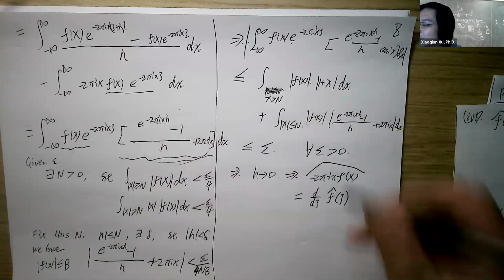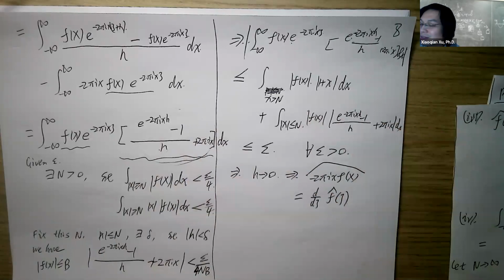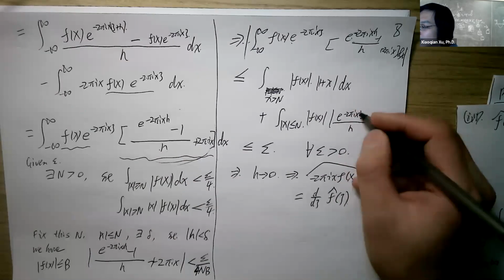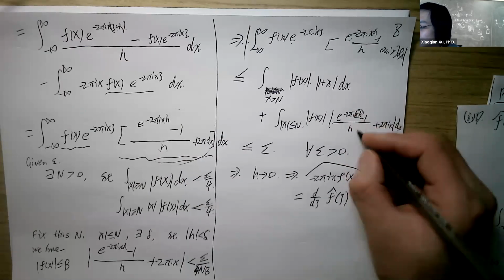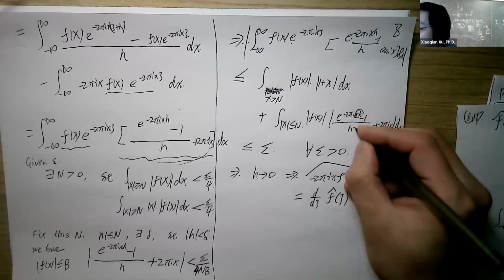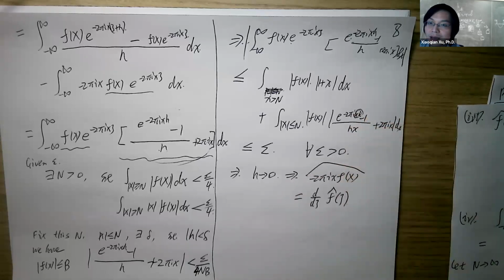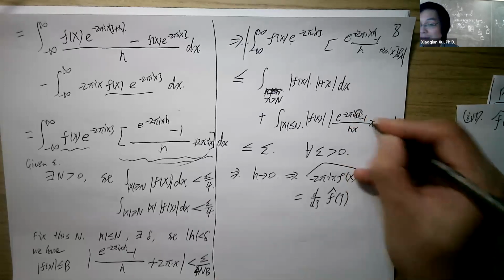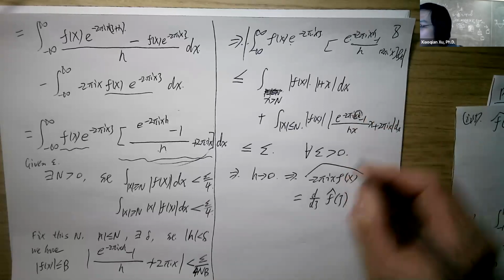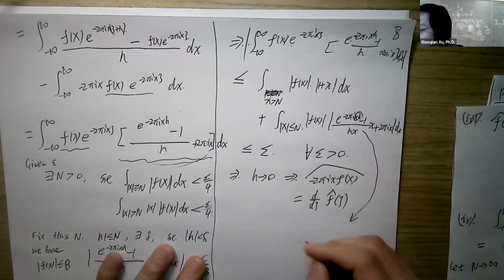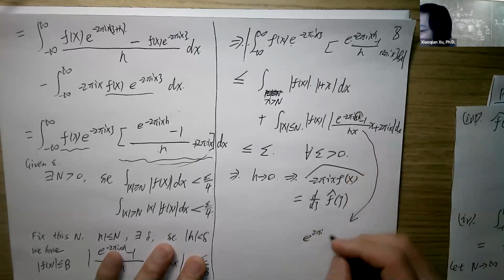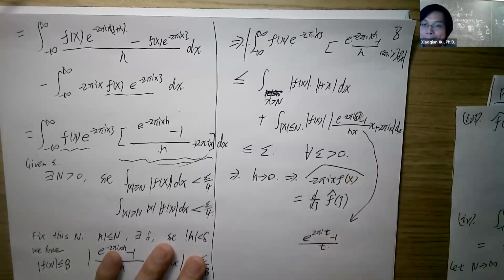The reason why we want to shrink h corresponding to x is simply because this is something that depends on x and h. If you want to write it as some derivative, you better write it this way, and then you can see this is nothing but e to some constant times some small number, say t, minus 1, divided by t.